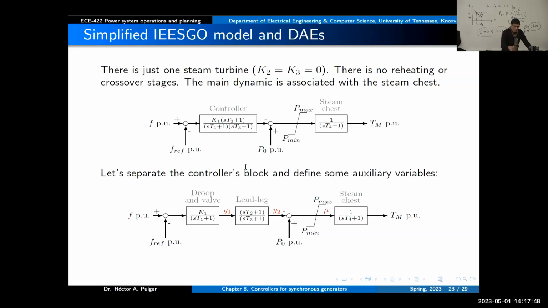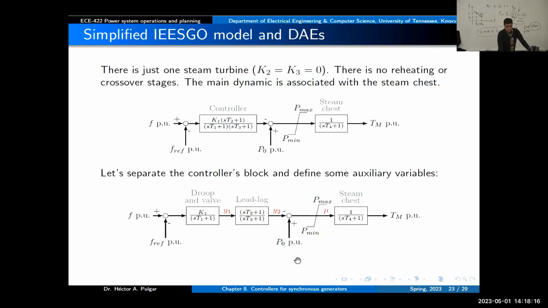We like to separate this because that will ease the obtention of differential algebraic representation for this model. On the other side, nothing changed. We're just naming here mu, which is going to be the input to the steam chest. If P0 minus y2 is within the limit, mu will be exactly equal to that P0 minus y2.